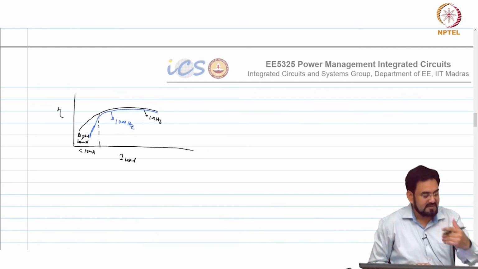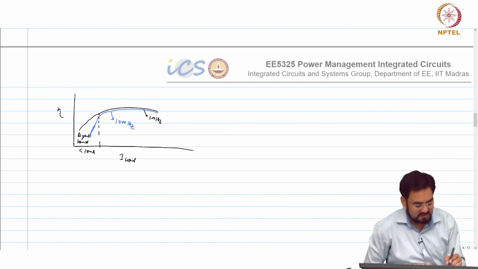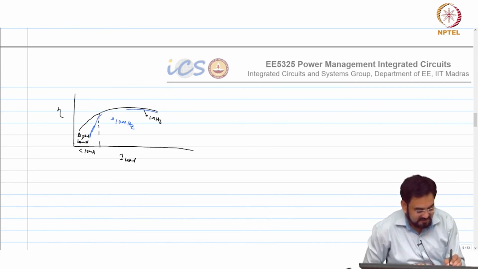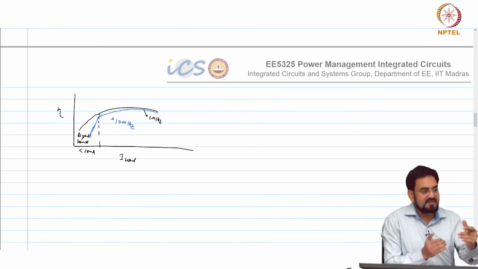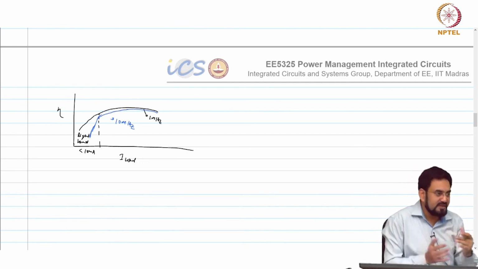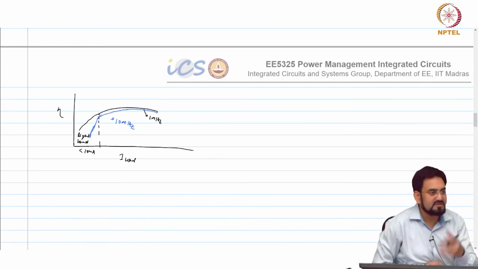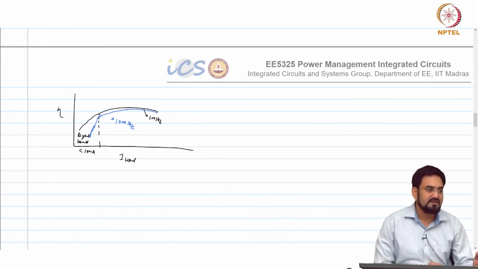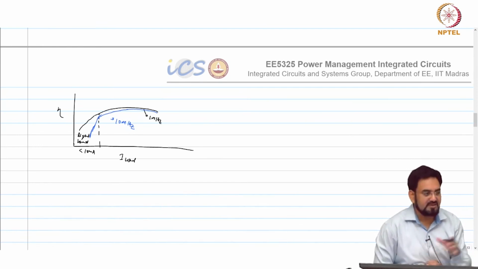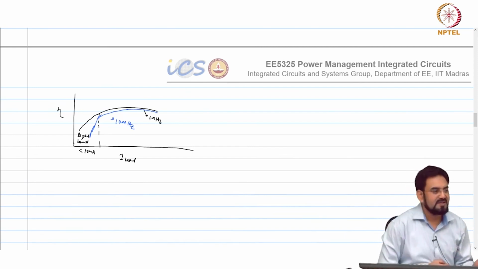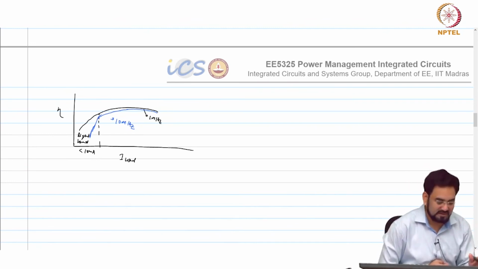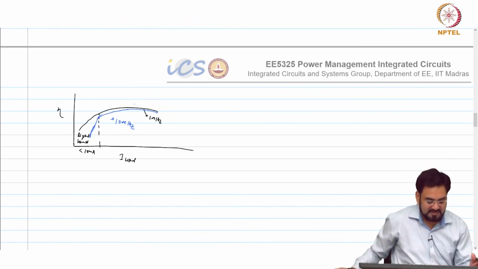At light load it will start dropping. So this curve will start expanding from here itself, something like this. This gap will start increasing as you reduce the load current, because your switching losses will be dominating and your conduction losses will be roughly the same. That is why you see a very small change in efficiency at higher load.